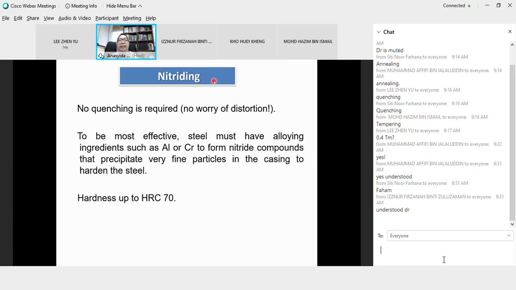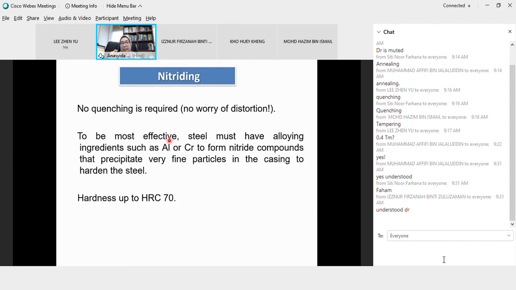So for nitriding, we don't have to use quenching because we don't want to form the martensite. So you have to ensure that you have a former that can combine with nitrogen to form secondary solid solution. So first, when the nitrogen is diffused, it will go to the interstitial.